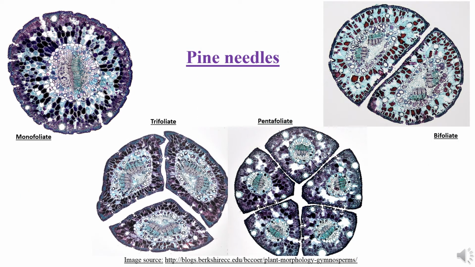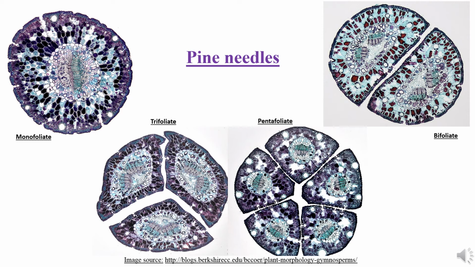In this picture, you can understand what that central axis of spur is. First is monofoliate and is haploxylon. Others have a central axis around which all the needles are arranged. Bifoliate spur has an axis in between them. In the center of trifoliate spur, there is a central axis, and similarly, pentafoliate also has a central axis.